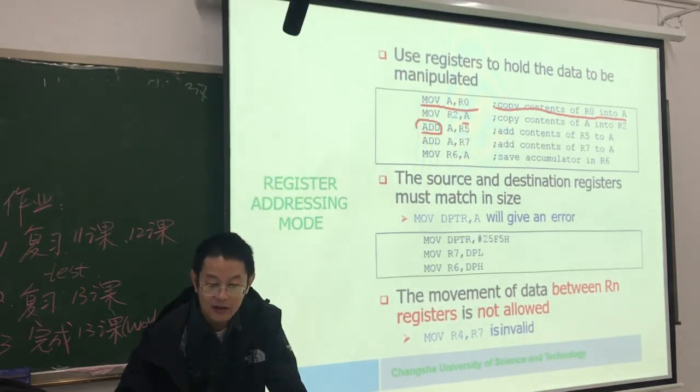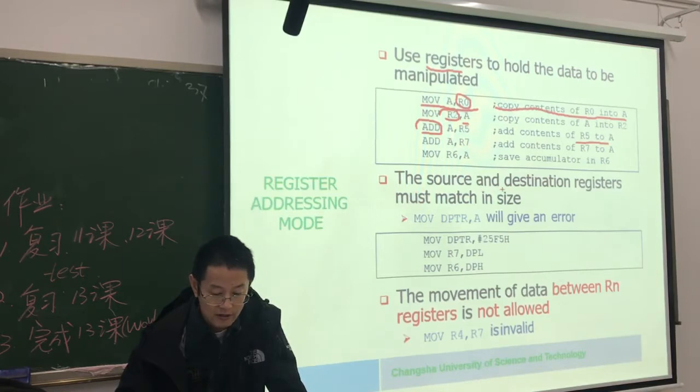ADD A, R5: add the content of R5 to A. We use the R registers to hold the data.